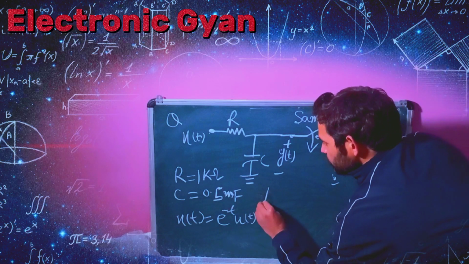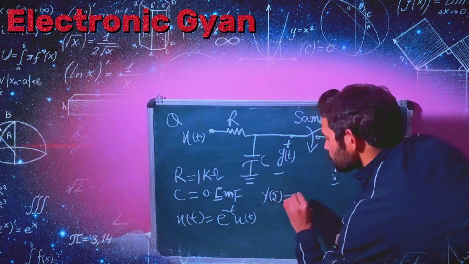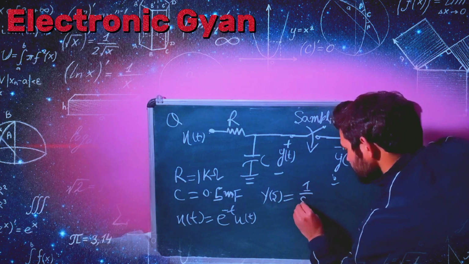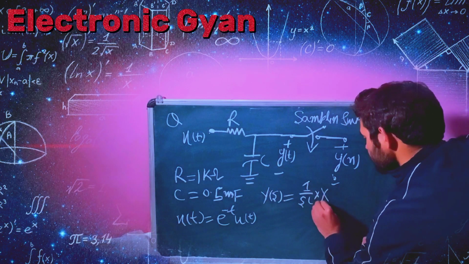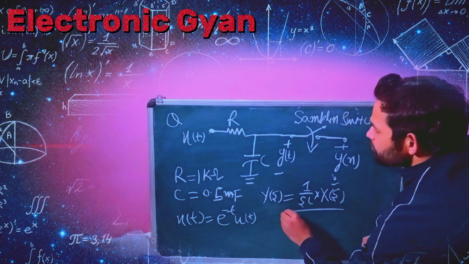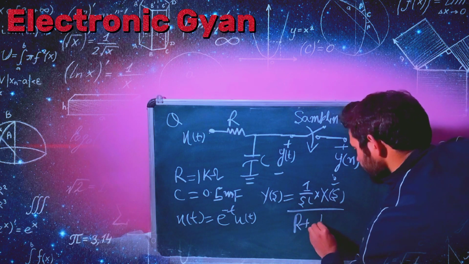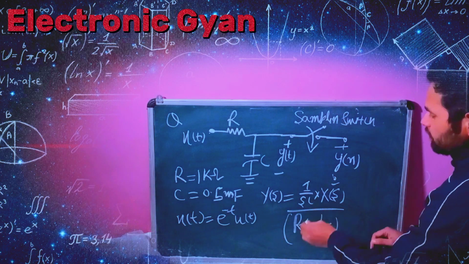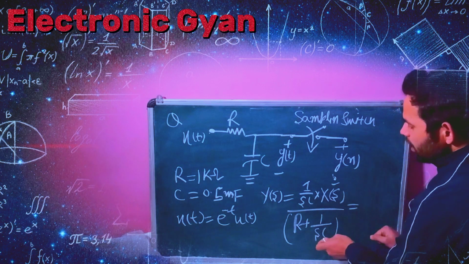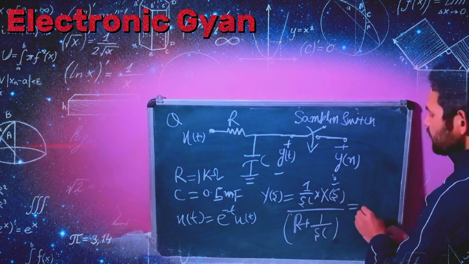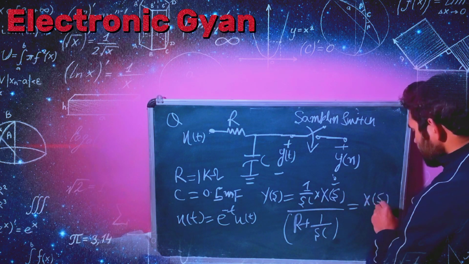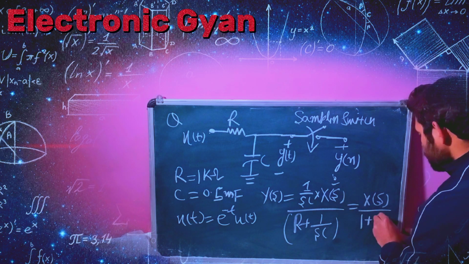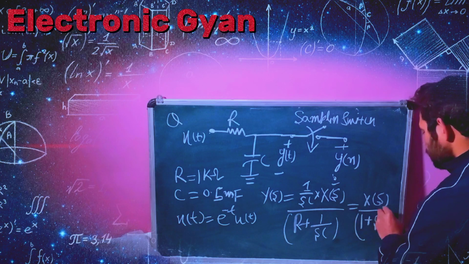So Y of S is equal to 1 by SC into X of S divided by R plus 1 by SC. Then SC will get cancelled, and we get X of S divided by 1 plus SRC.